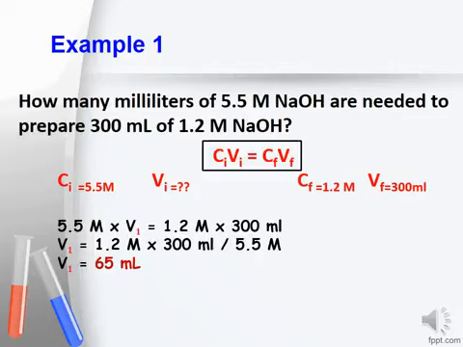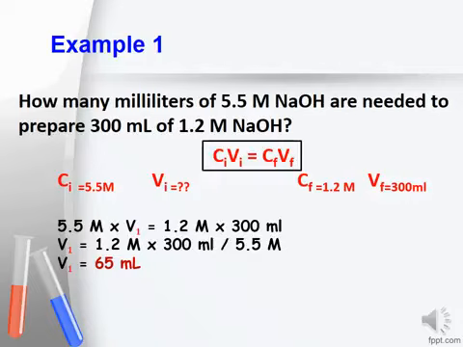Preparing 300 milliliters of 1.2 molar: 300 milliliters is the final volume VF, and 1.2 molar is the final concentration CF. CI is the concentration of the stock, expressed in molarity, so it is 5.5 molar.